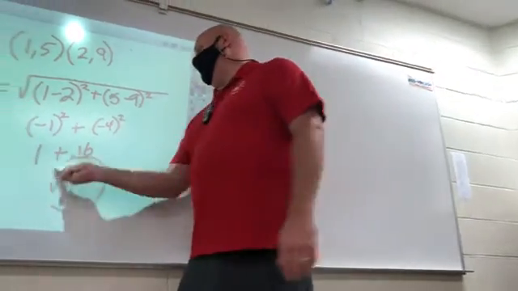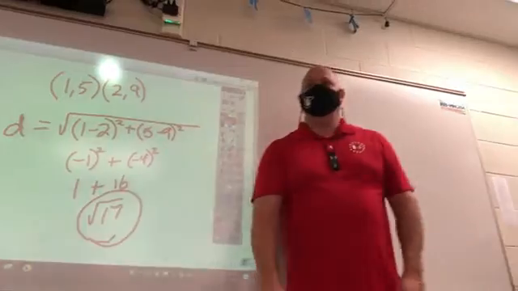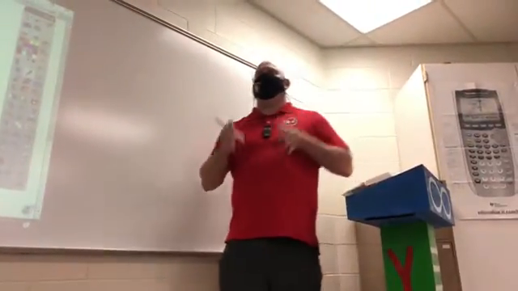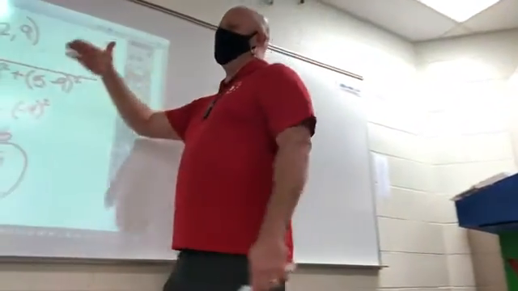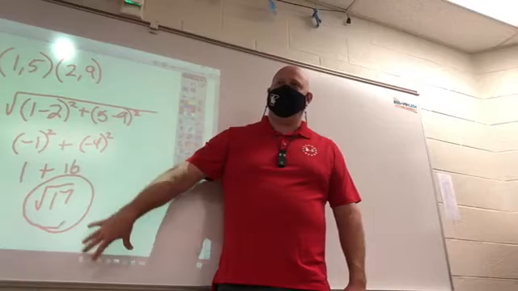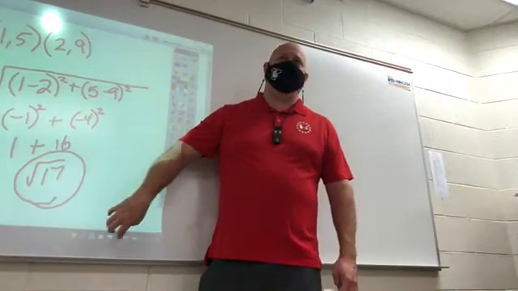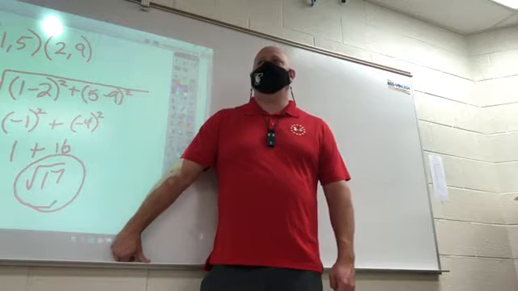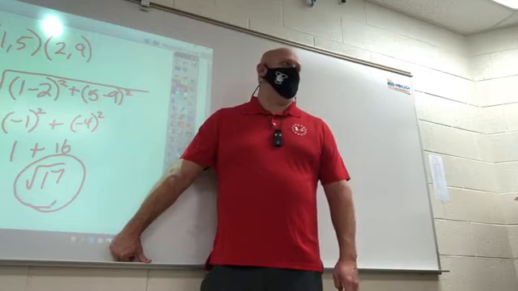So you're going to leave that as an answer. Okay? On your quiz tomorrow, every question that requires you to take a square root to find the answer, I don't want a decimal answer. I want a simplified radical. I will remind you of that tomorrow. Okay?